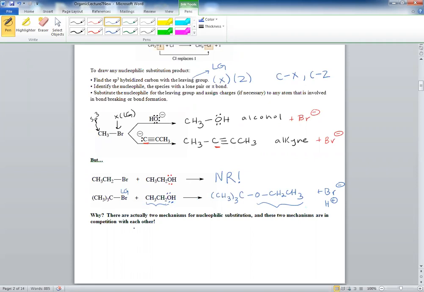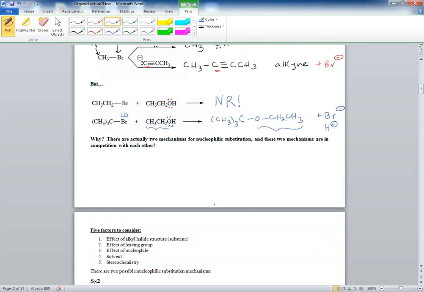And the reason why is because there are two mechanisms for nucleophilic substitution, and they are in competition with each other. So in substitution reactions, you actually have two different mechanisms. We call them SN1 and SN2.